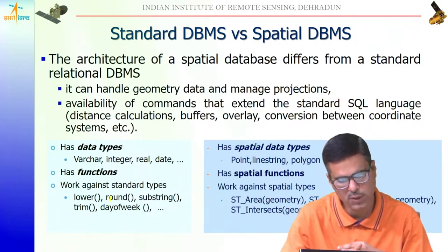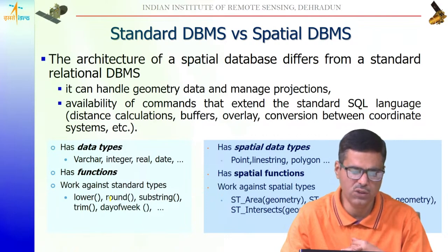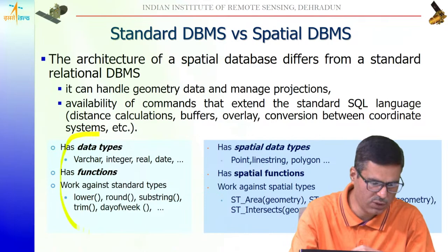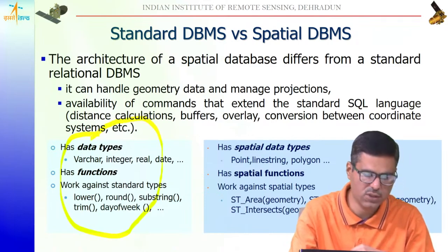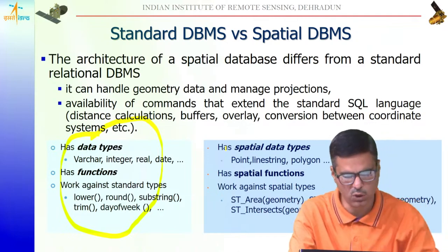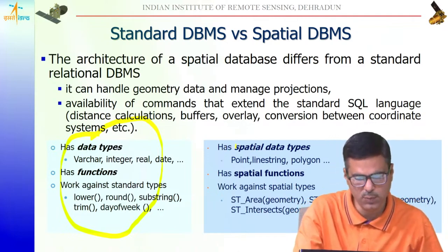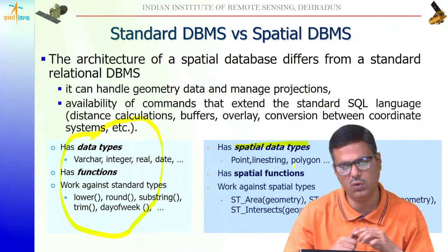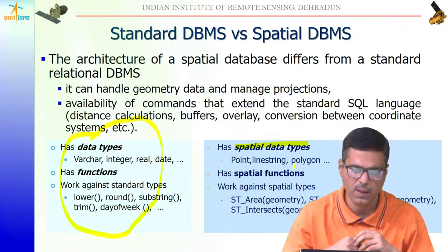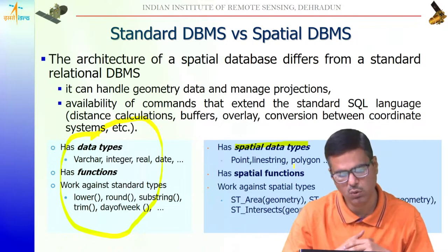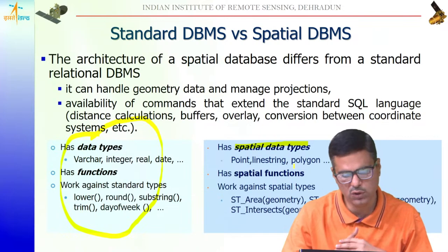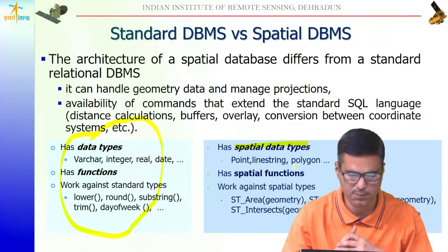But compare this to the spatial database. From the definition, the spatial database system will have all the capabilities of the database system, which means it supports these basic types, but it also now supports the spatial data types, which means support for storing geometry, which could be point, line, and polygon, and also the functions on those data types. Let's say given a polygon, we should be able to get the area.